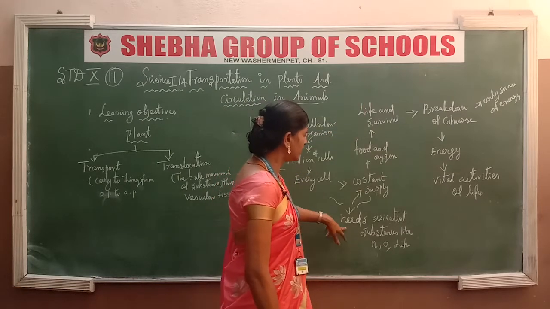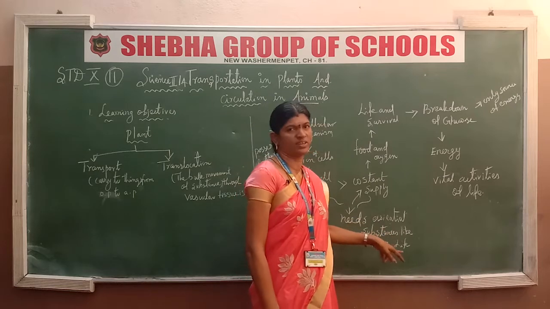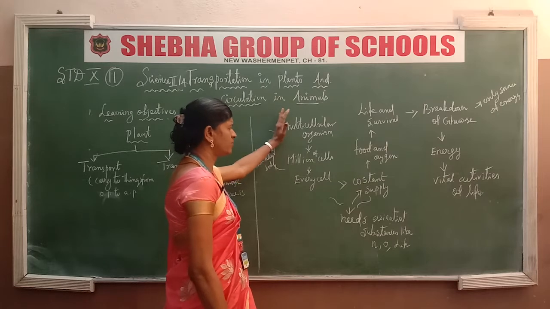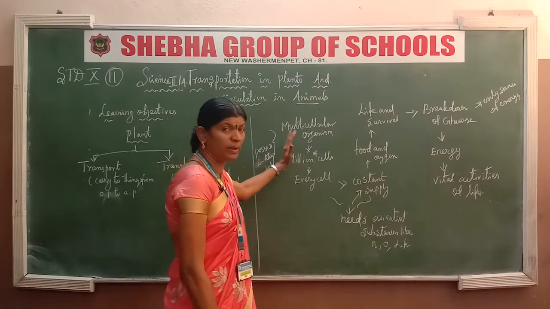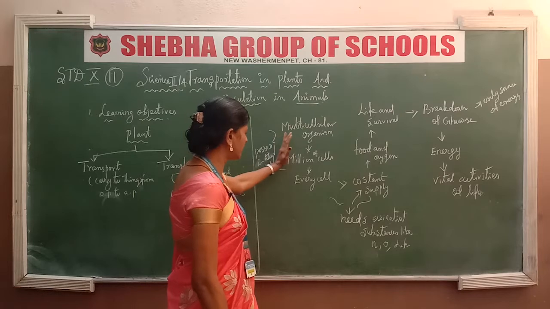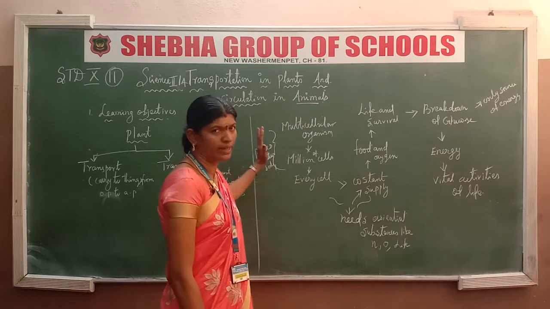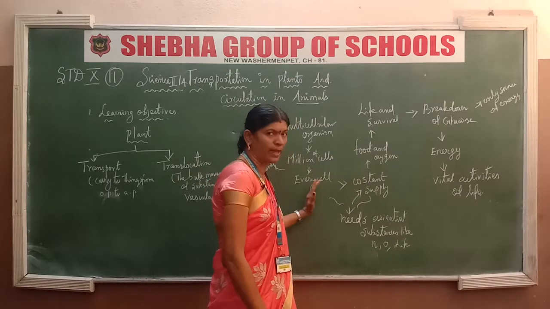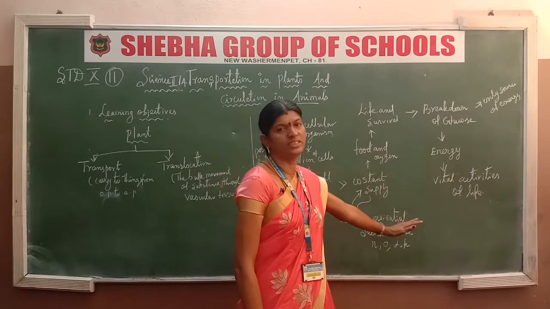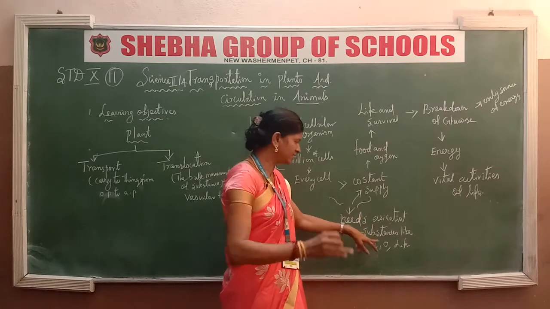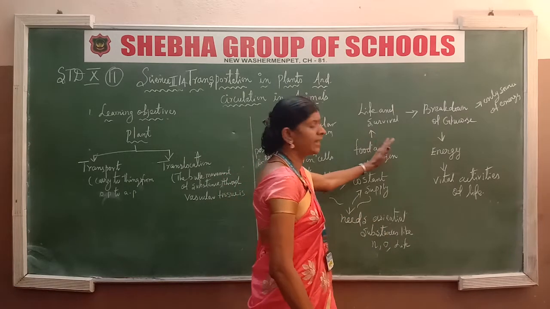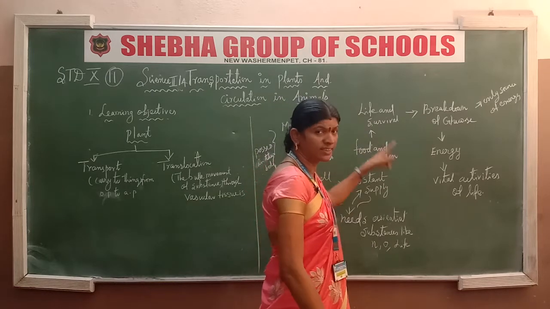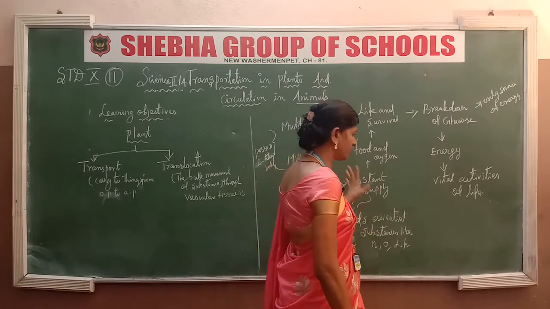So these are the essential substances, food and oxygen. Every cell in our body must be supplied with nutrition and oxygen for the essential needs of life and survival.